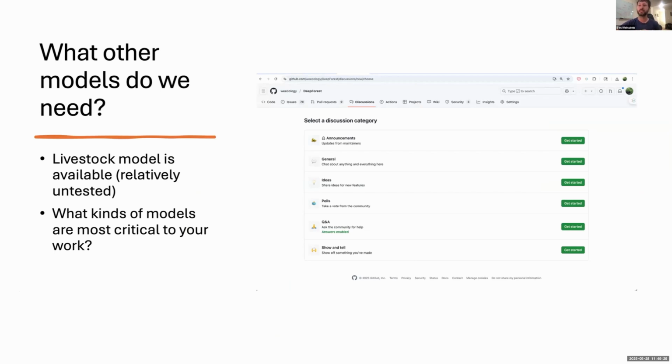We're interested in these broad scale detector models, not necessarily individual species classification, because there's 10,000 species on Earth that we might make a detector for. So we're interested in these broad scale models and how we best serve the community. And so we would love to hear from everyone about how to build airborne models that best suit people's needs.